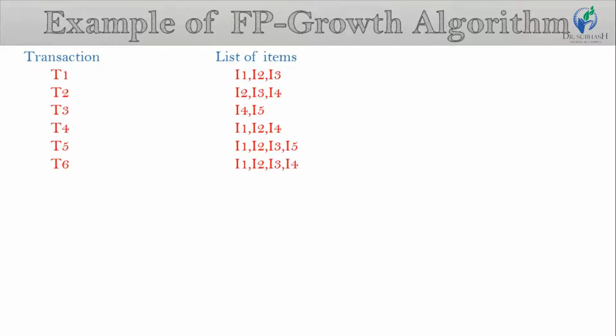Transaction T4 includes I1, I2, I4 items. Transaction T5 includes I1, I2, I3, I5 items. Transaction T6 includes I1, I2, I3, I4 items. For this example, a support threshold of 50% and confidence of 60% is given.